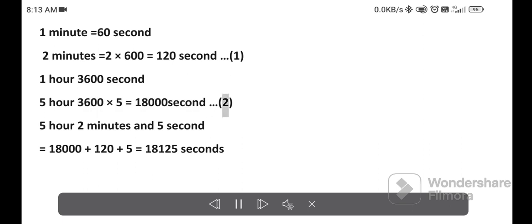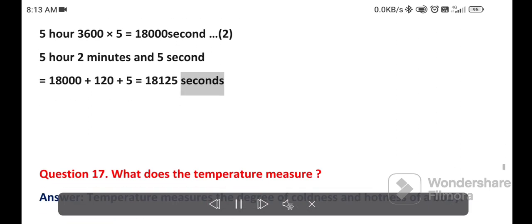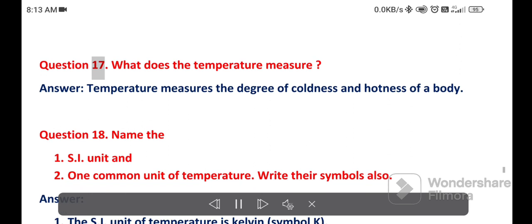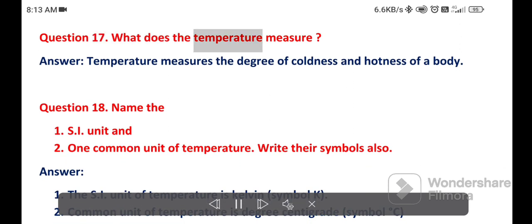So 5 hour 2 minutes and 5 second is equal to 18,000 plus 120 plus 5 equals 18,125 seconds.